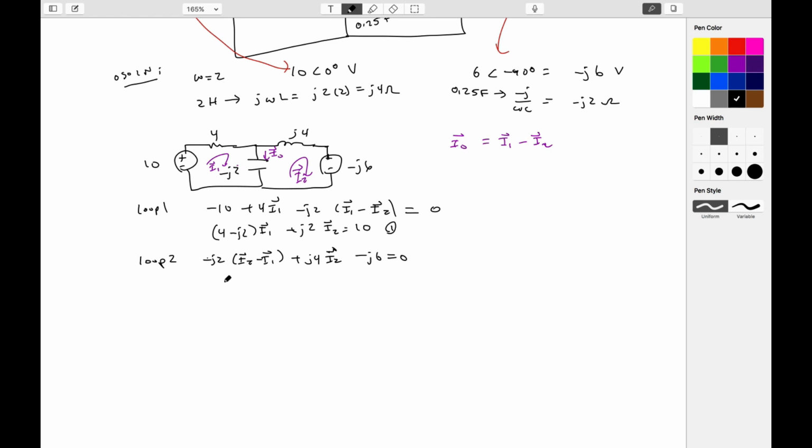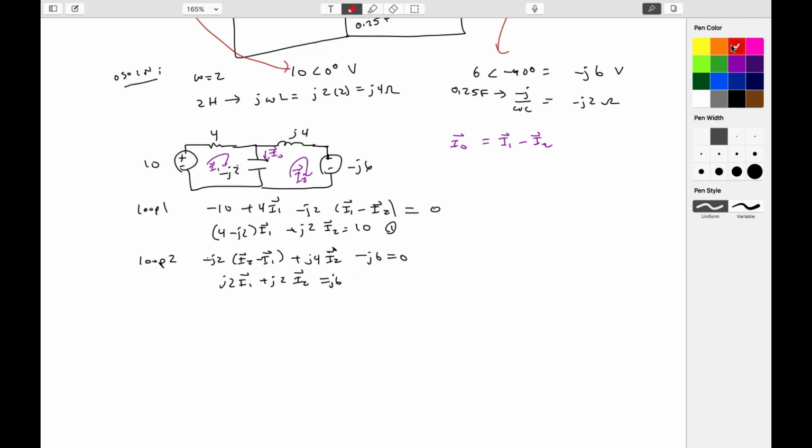And that simplifies when we collect stuff to J2 I1 plus J2 I2 is equal to J6.